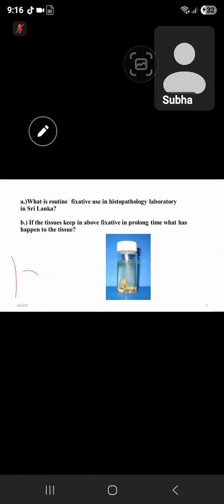So what kind of problems do we face due to poor fixation? Poor fixation may be under fixation, over fixation, or uneven fixation.